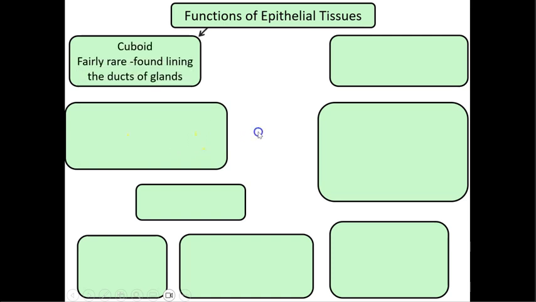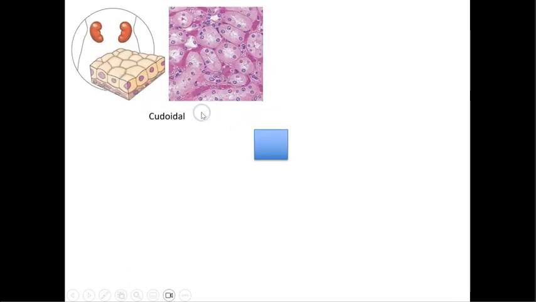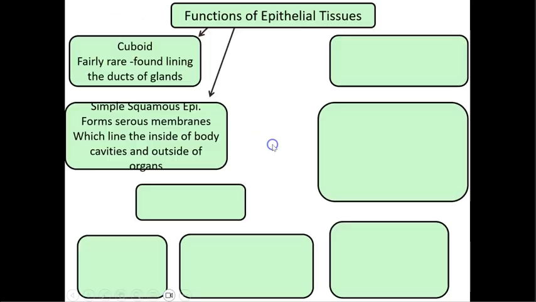Same thing's kind of true. It talks about where these different types are found and what they're used for, kind of membranes, where they're found. If you click on these, they have a link. It takes you here. They give you a picture of where they're found in the body, an example of where they're found in the body, and an actual microscopic photo of them and so forth.